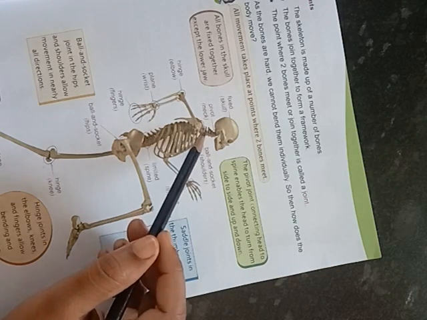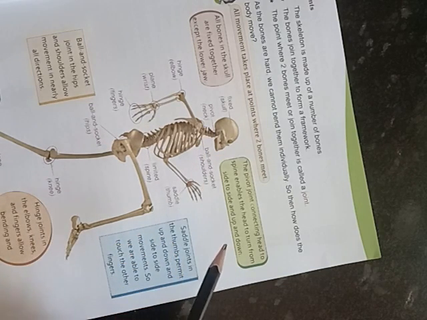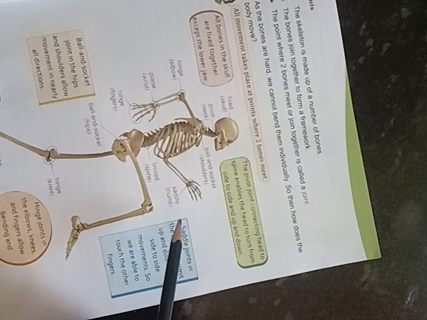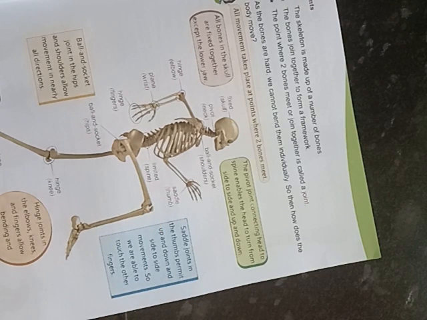Okay, next, last one, gliding joints. Gliding joints allow movement at the wrist and ankle. See here, this is wrist. Gliding joints allow movement for the wrist and ankle and also between any two vertebrae of the spine. It allows our back to bend, twist and turn at each joint.